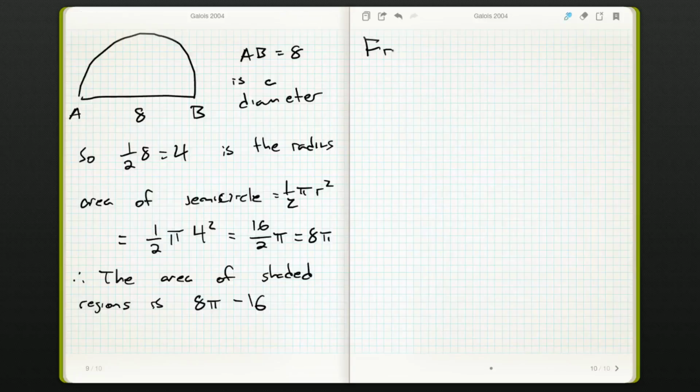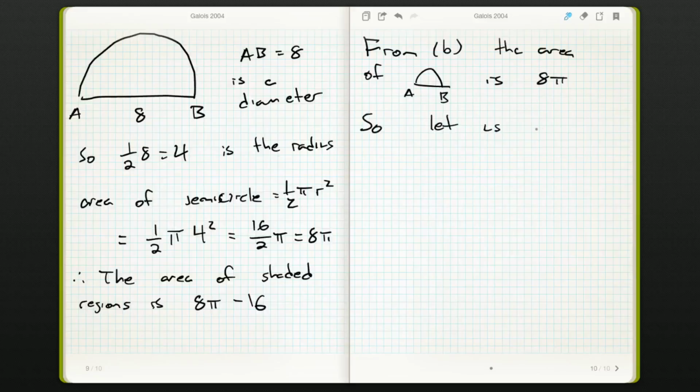So I would say something like, from B, the area of our AB semicircle is 8 pi. So let us compute the area of semicircle AC and semicircle CB.